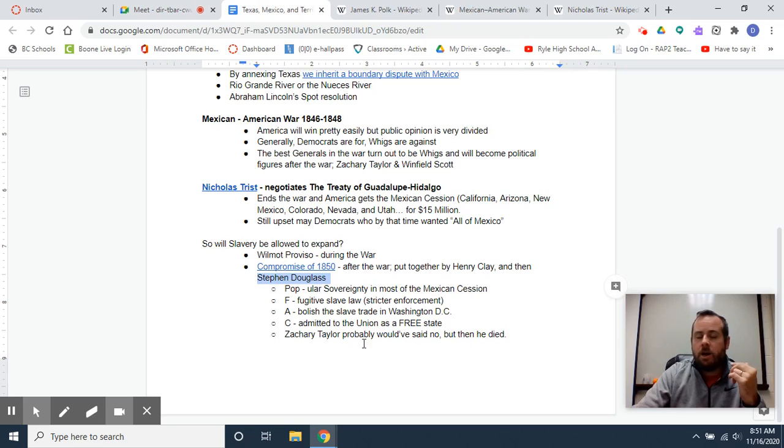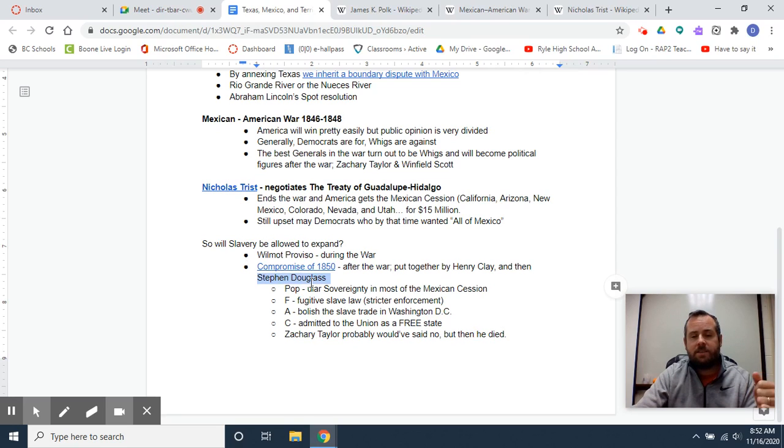Stephen Douglas gets it through Congress in 1850. Zachary Taylor, the president, probably would have vetoed it, but then he died. The second Whig president elected also dies early in office. His successor, Millard Fillmore, will step in and sign off on it.